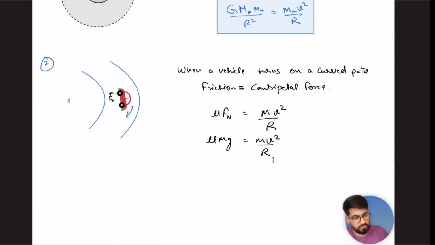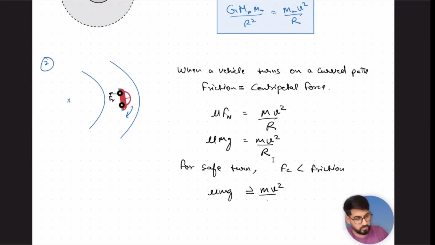So for a safe turn, the centripetal force must be less than friction. If I apply this, I can say nu mg is greater than or maybe equal to mv square by r.